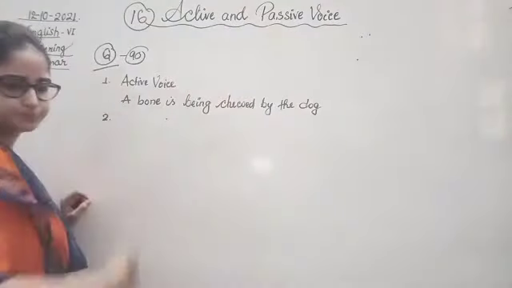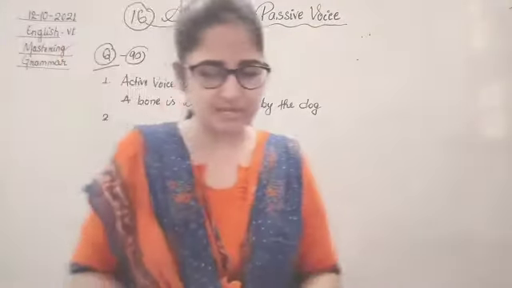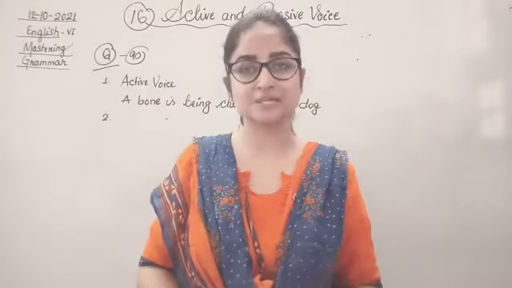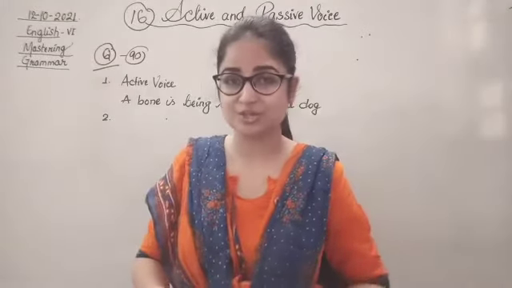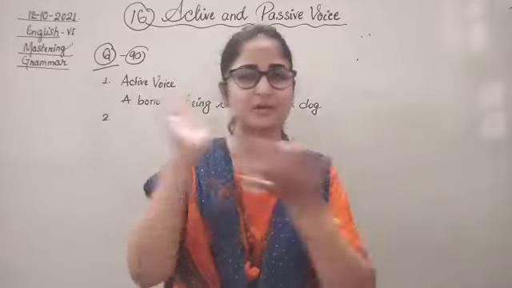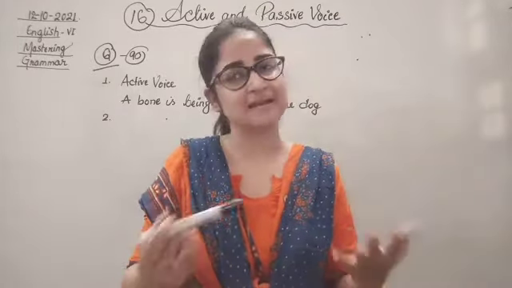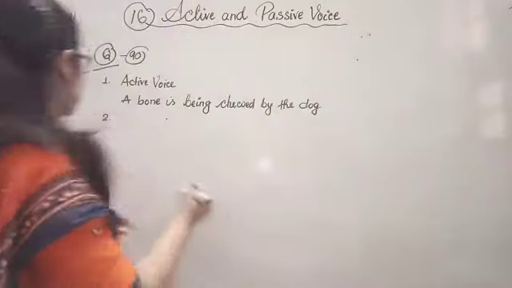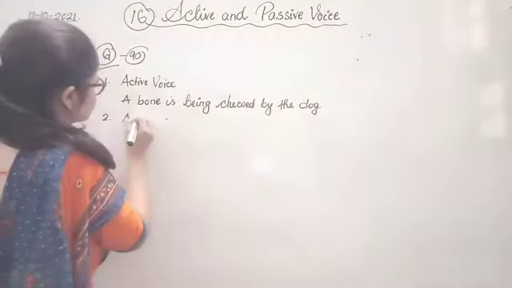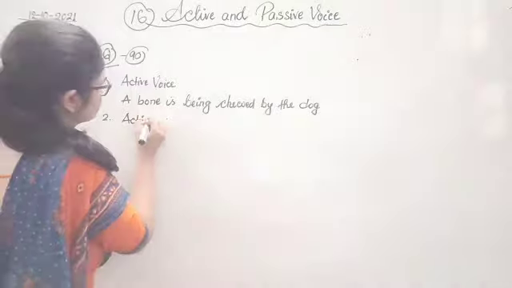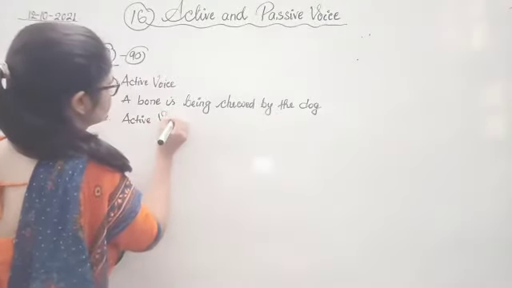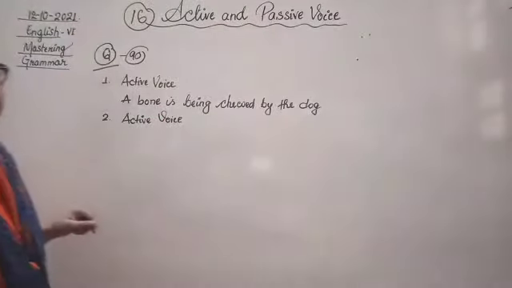Number 2. Okay. Sachin Tendulkar scored a century. So who scored? Sachin only. So it's in the subject part only, not in the object part. So that's why what will become? This is also active voice. We have to write this is an active voice. And what are we going to write?